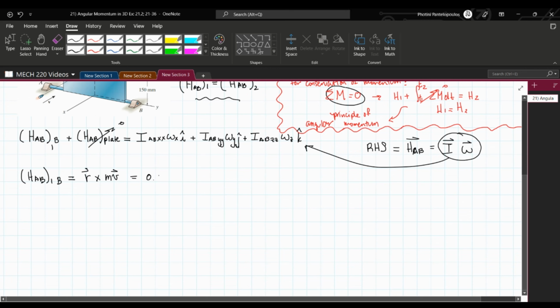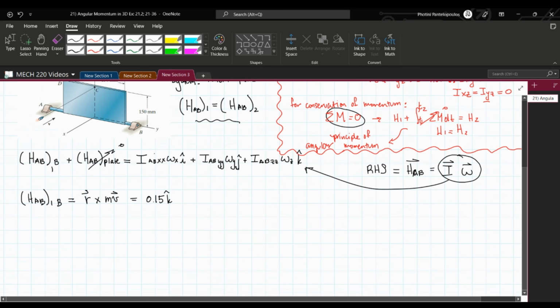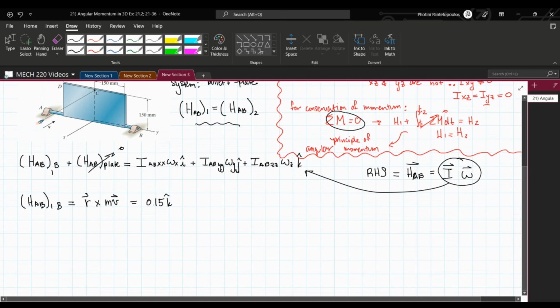R, we know it to be 1.5 k hat, since that's the total distance between the bullet's height at C and the shaft AB, cross the mass, which we know is 0.03 kilograms, the mass of the bullet. And as for the velocity, they have given it to us here.